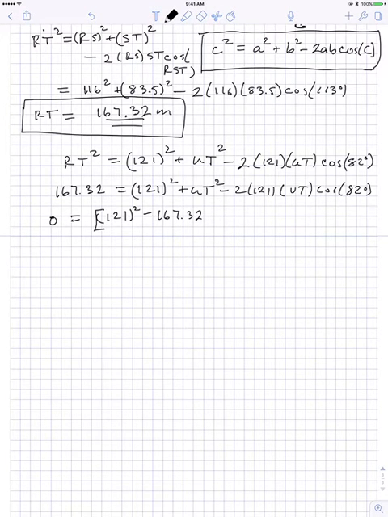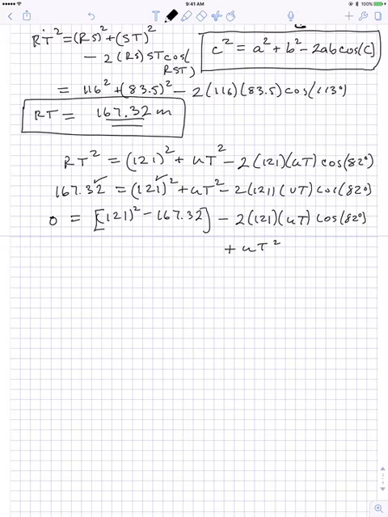So we have that constant. It looks like the only constants. Then we have minus 2 times 121 times UT times cosine 82 degrees, right? And then we have the plus UT squared.